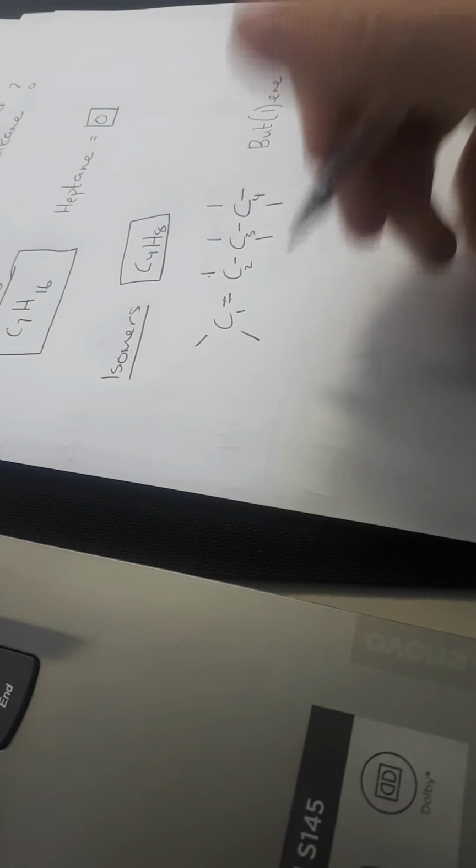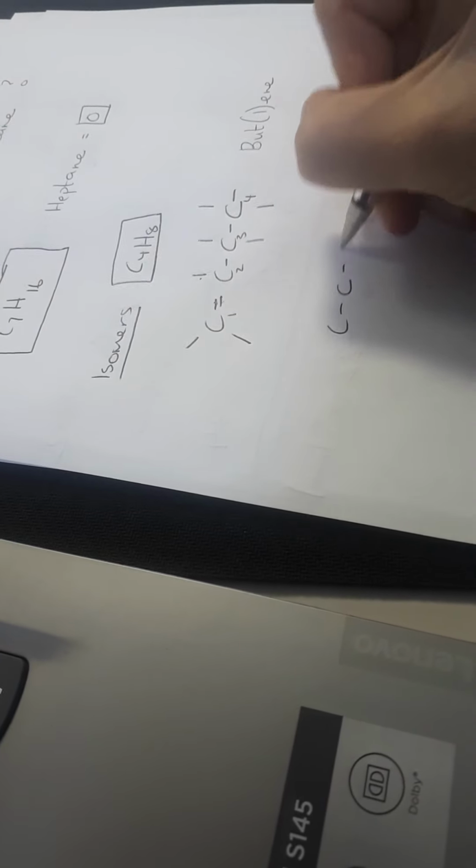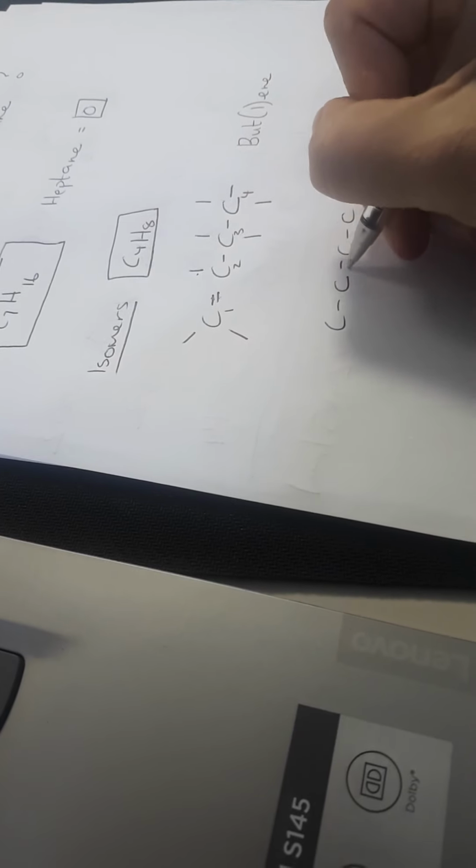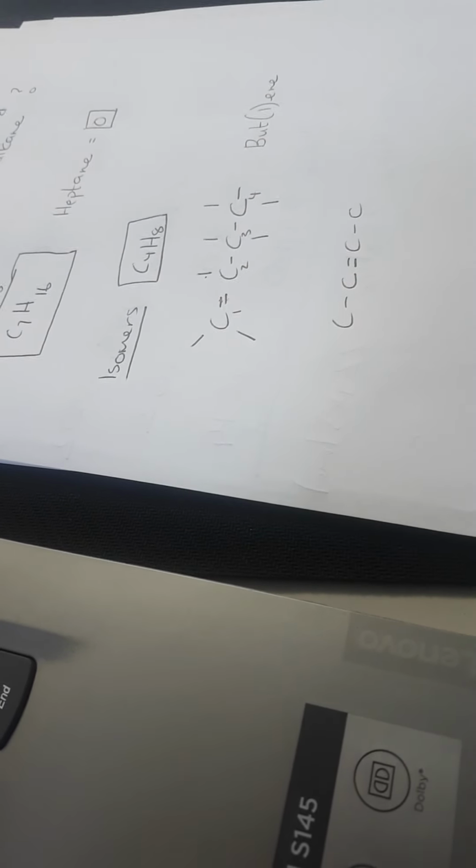That's my first one, but-1-ene, and my double bond is on my first carbon when I number from left to right. The second structural isomer is quite similar, except I'm going to have to put my double bond on my second carbon.